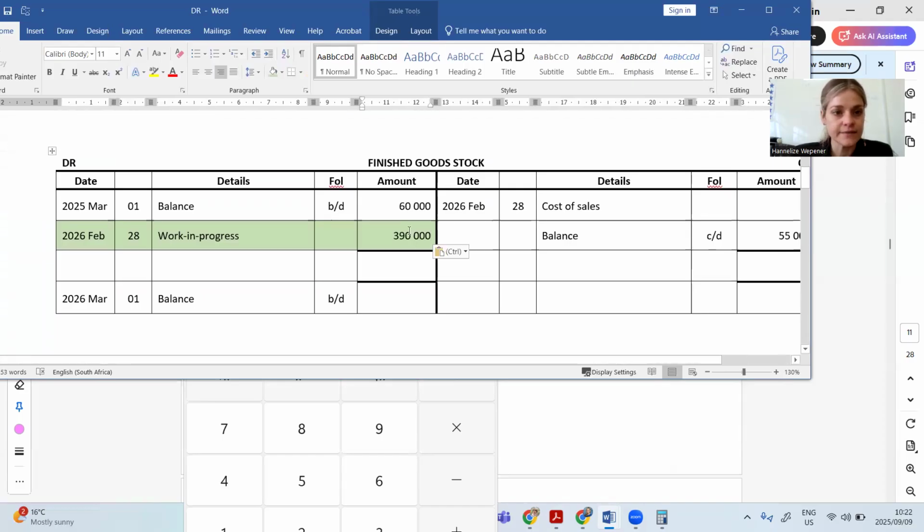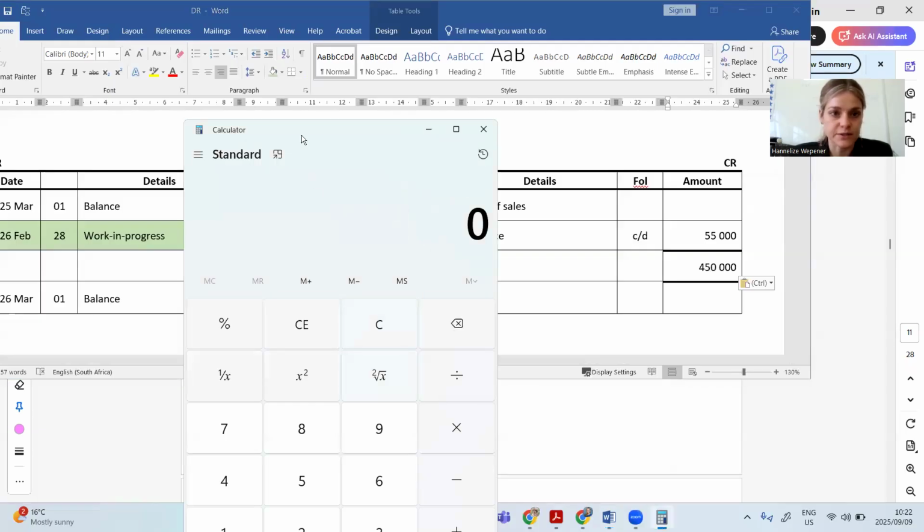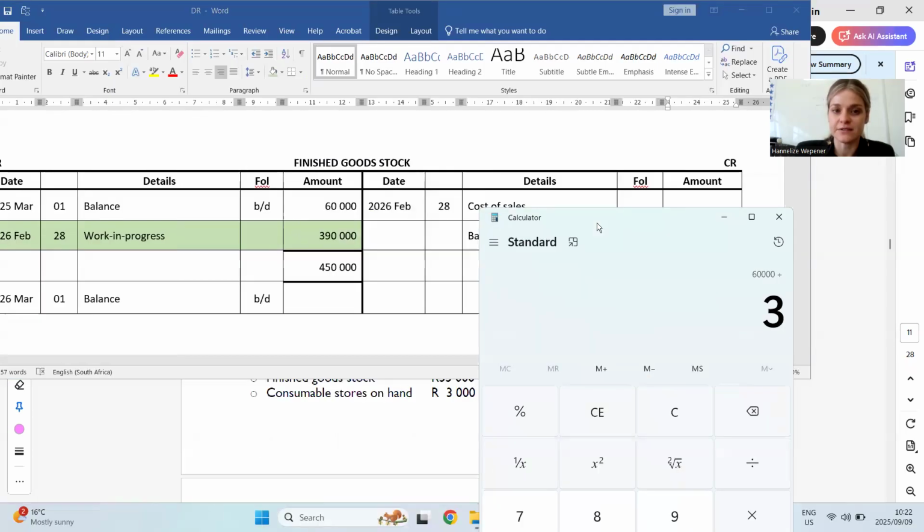Once again, here, finished good stock, this is what it looks like. So you can study it. So you had 390 that you finished with, but you also started on 60,000. So you have 450,000 available for sale. We can double check. I mean, it's only two amounts, 60,000 plus 390,000. There we go.